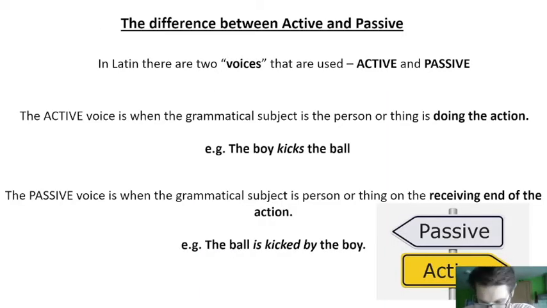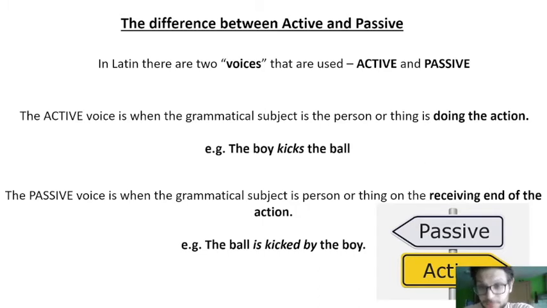The difference between the active and passive. Okay, thus far we've only learnt about the active. The active is when a person or thing is doing the action, and the passive is where a person or thing is on the receiving end of the action. So, for example, the boy kicks the ball.